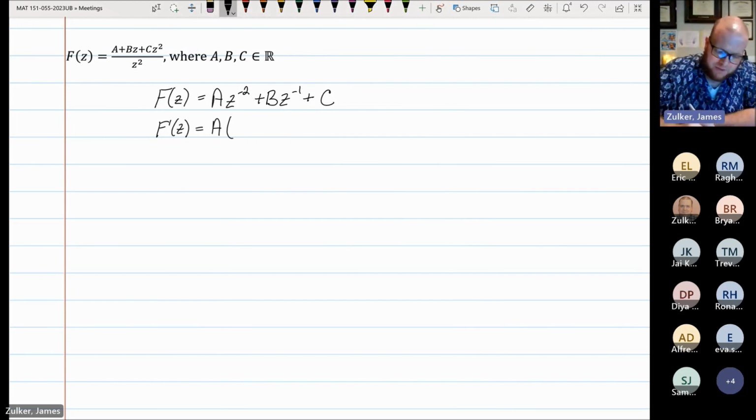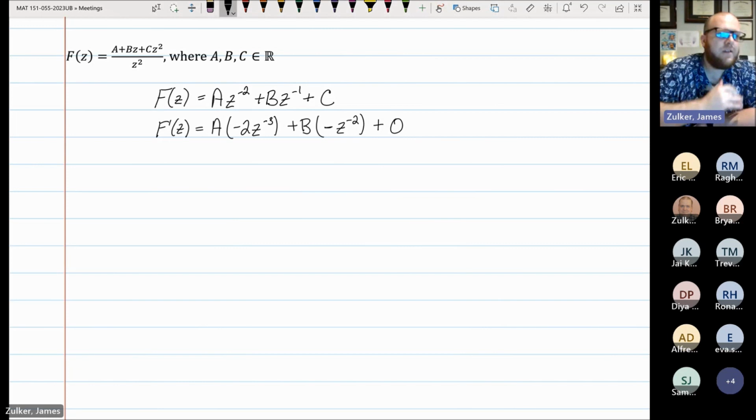Now derivative of z to the minus 2. Plus b times the derivative of z to the minus 1. Right, and then the derivative of c is 0.